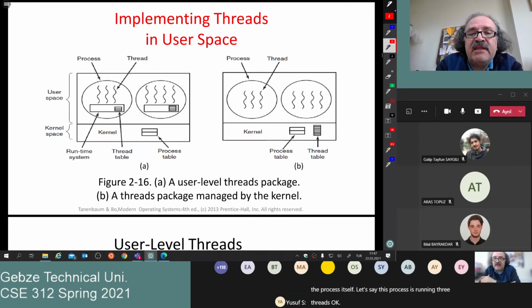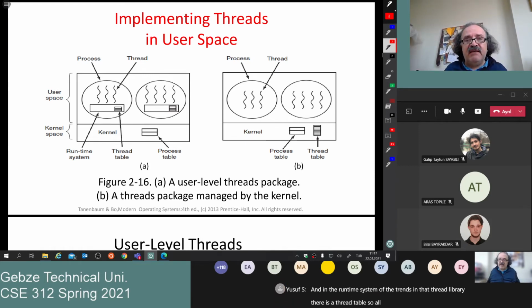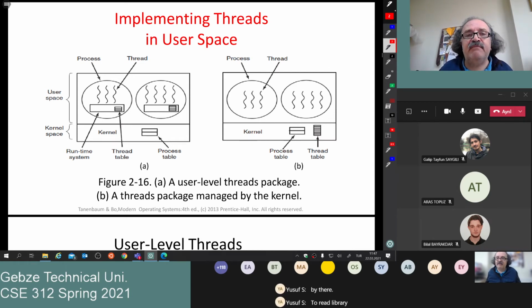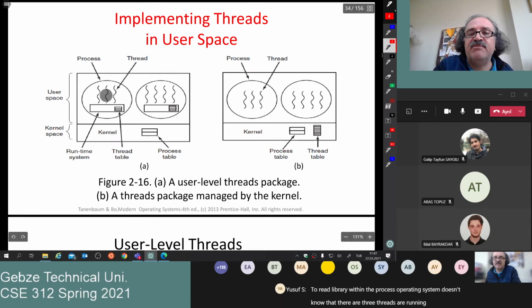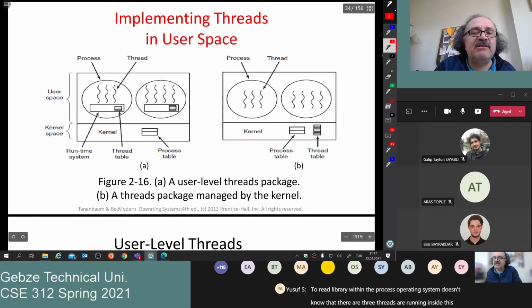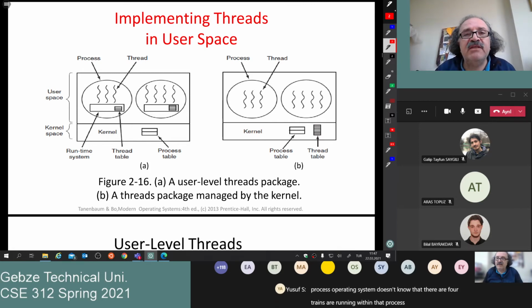In the runtime system of the threads, in the thread library, there is a thread table. So all the scheduling is done by the thread library within the process. The operating system doesn't know that there are 3 or 4 threads running inside this process. This is called user level thread implementation.